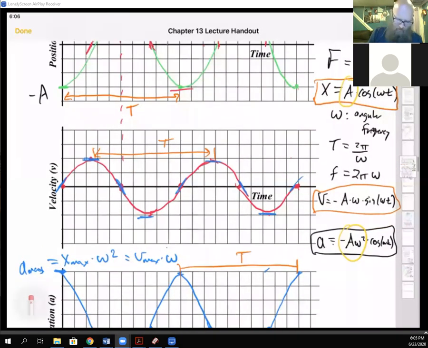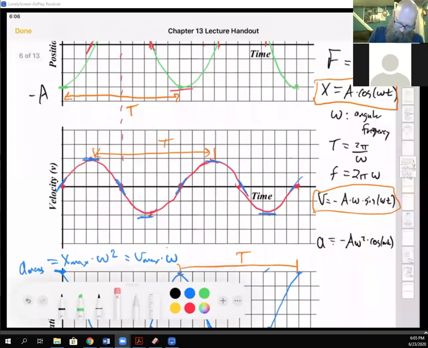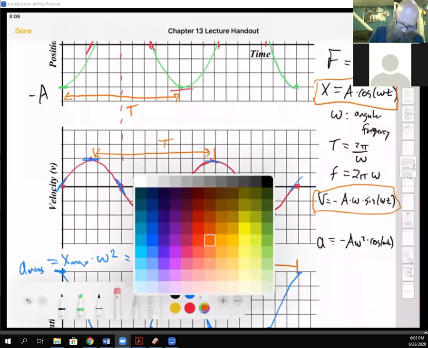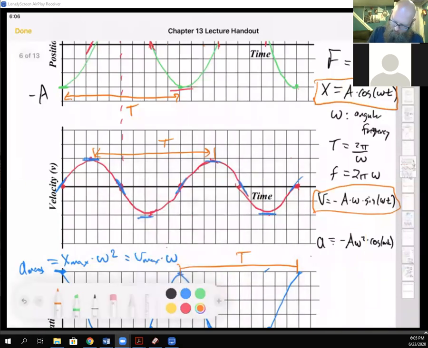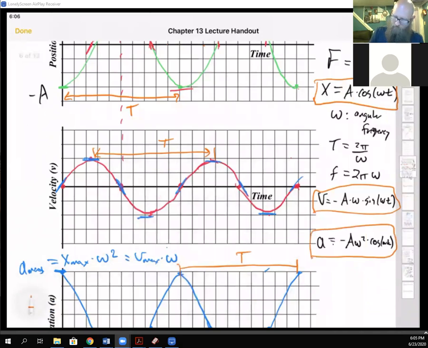These 3 equations are almost all in orange. Let me make the last one in orange. See if I get the right orange. More or less. There's position, velocity, and acceleration as a function of time. They all are related to this omega, which is related to period and frequency in this way. Again, omega is just angular frequency.